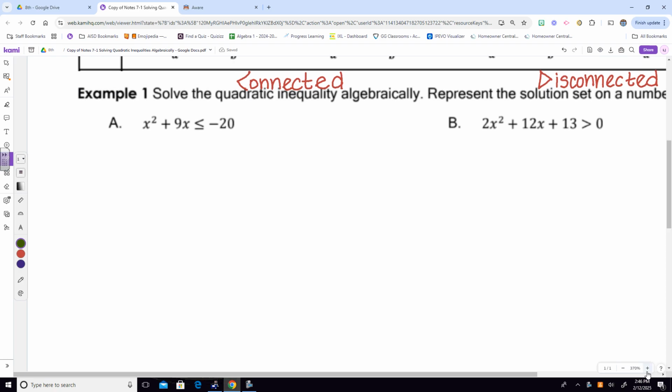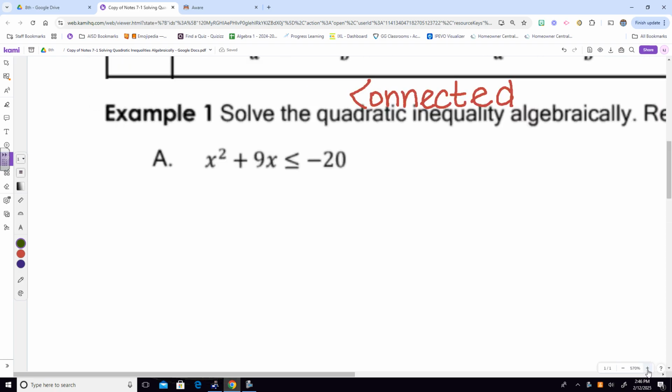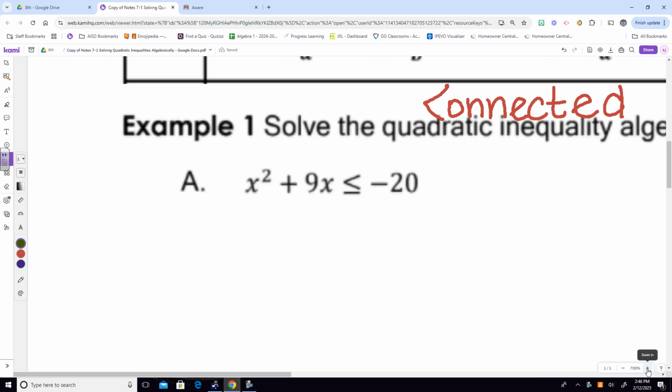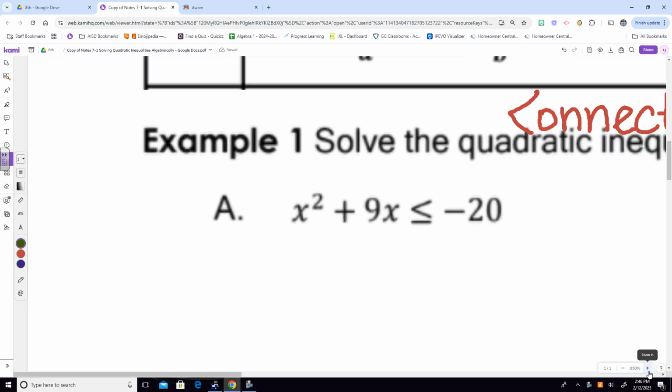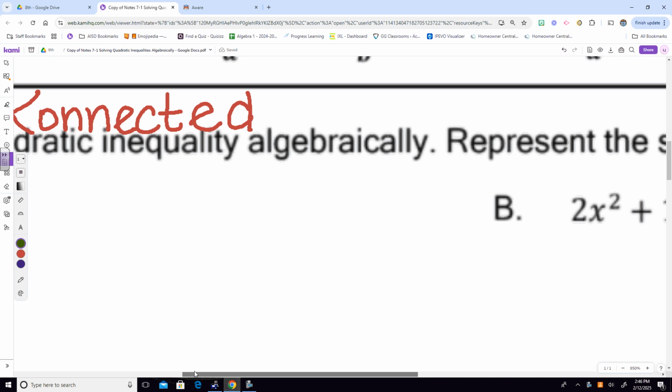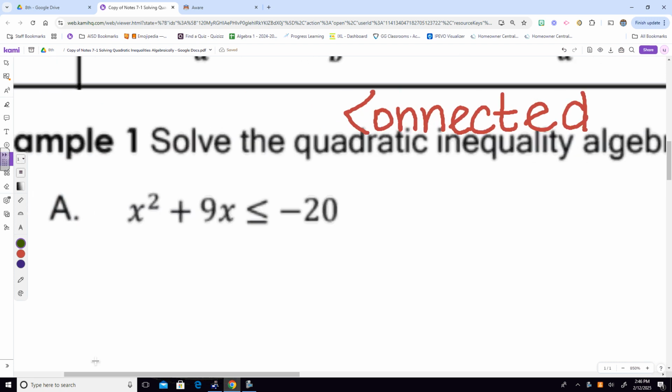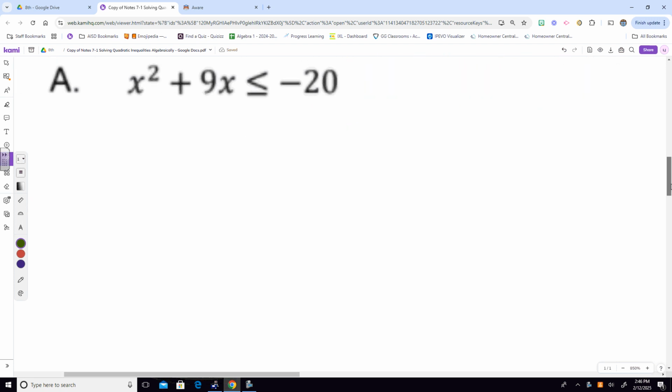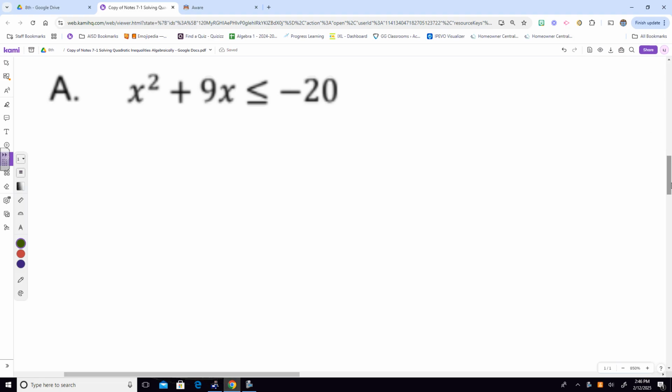So letter A, we have x squared plus 9x is less than or equal to negative 20. Is that a quadratic? Yes. But guys, is it in standard form? No. So let's get it there. What has to move in order for it to be in standard form?